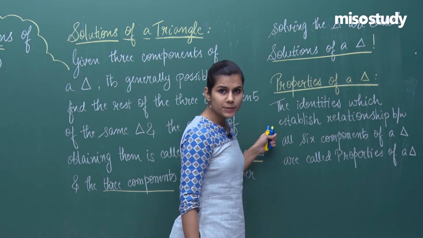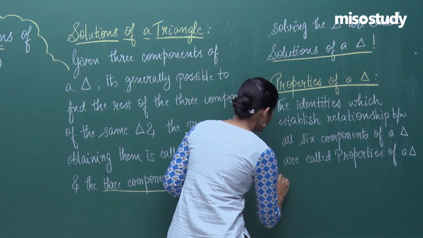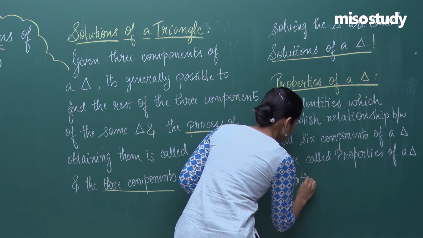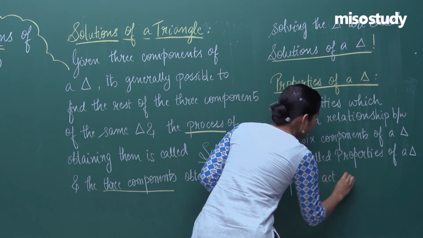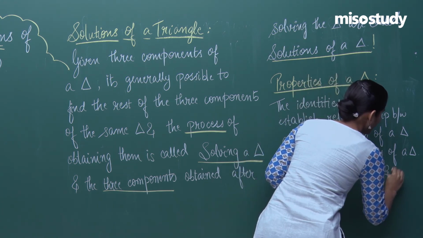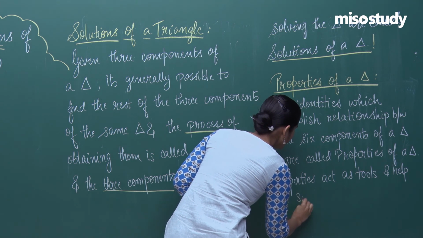We need these properties in order to solve our triangle. So that's what I'm going to write. Properties act as tools and help in solving a triangle.